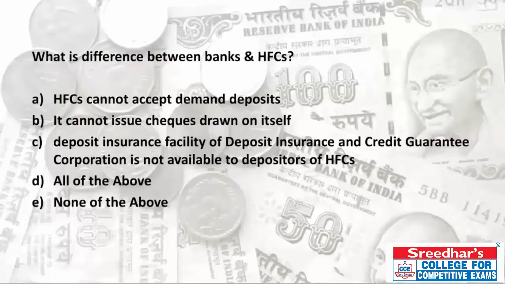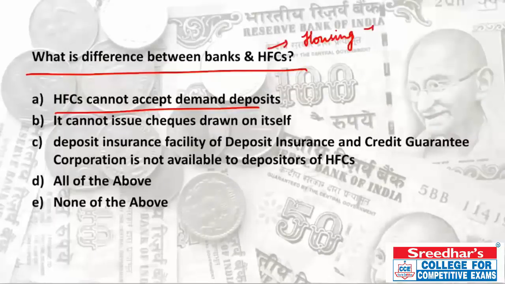What is the difference between banks and HFCs? So what are HFCs first? Housing finance companies. So what is the difference between a bank and an HFC? Housing finance companies cannot accept demand deposits. They cannot issue checks drawn on itself.